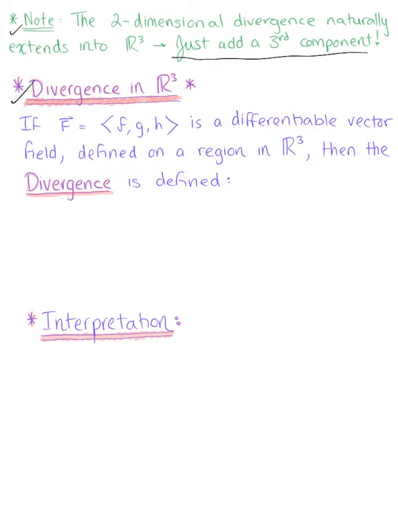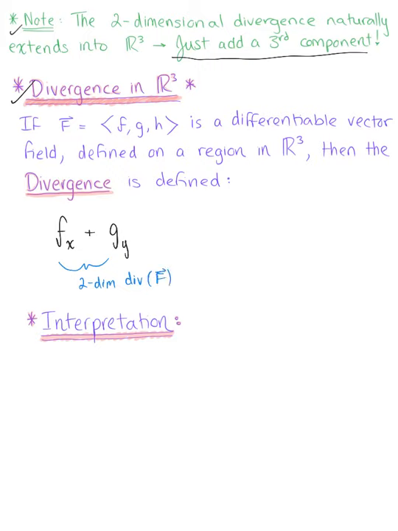Divergence in space. If vector F is a differentiable vector field defined on some region in R3, then the divergence is defined as follows. You have the partial derivative of F with respect to x plus the partial derivative of G with respect to y. Keep in mind, this is the 2-dimensional divergence.